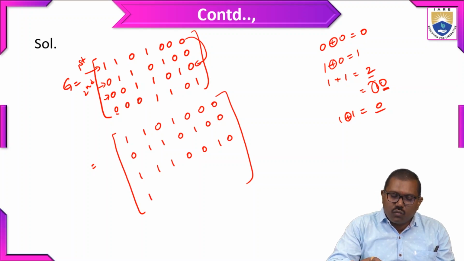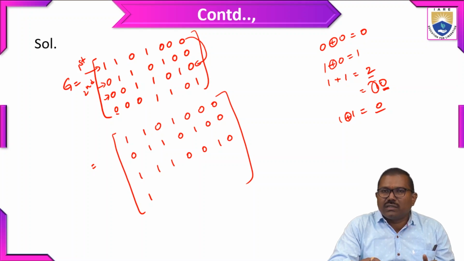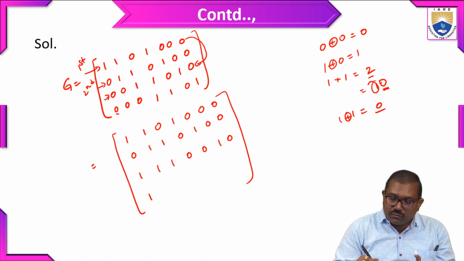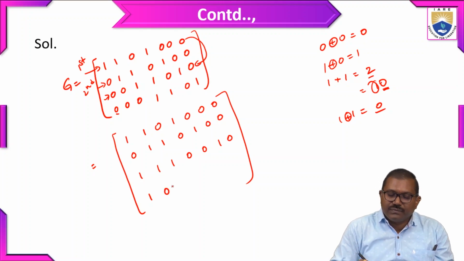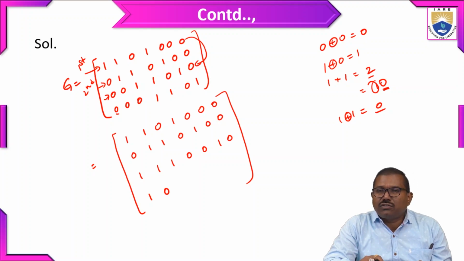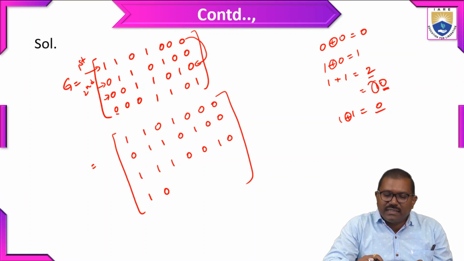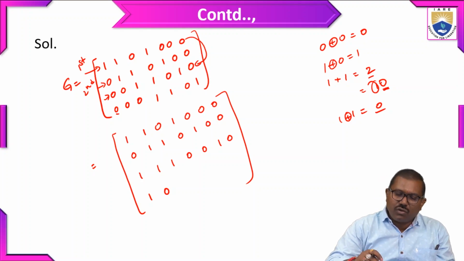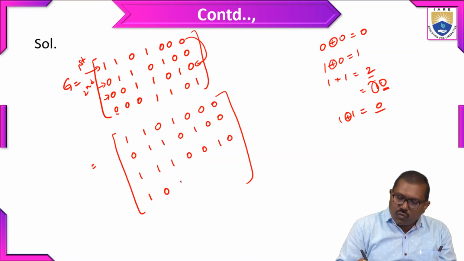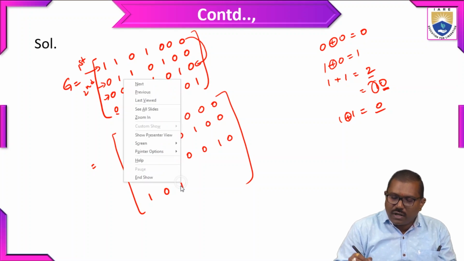Next 1, 1, what did you get? 1 XOR 1 is 0. So the result 0 is again XOR with the fourth row, where it is also 0, so 0. Next, first row bit is 0 and second row bit is 1. So 0 XOR 1, what did you get? 1. Okay. So the result 1 is XOR with the 0. So 1 XOR 0, what did you get? 1.